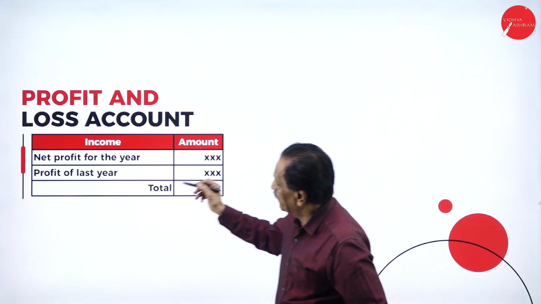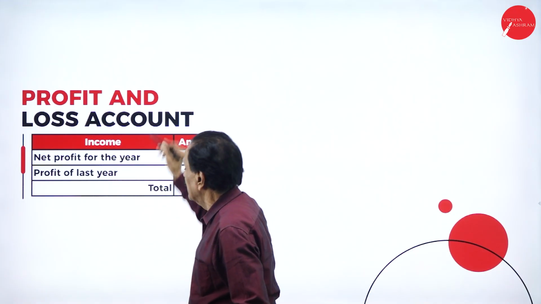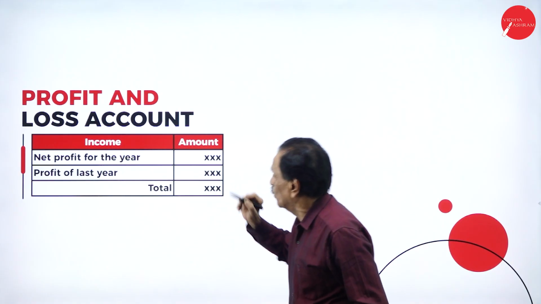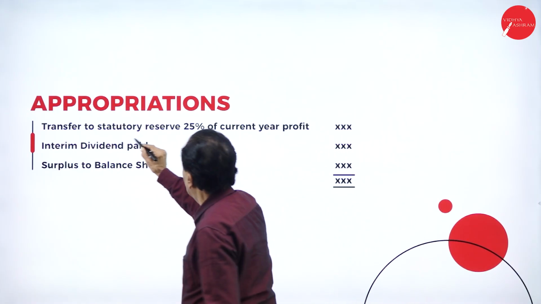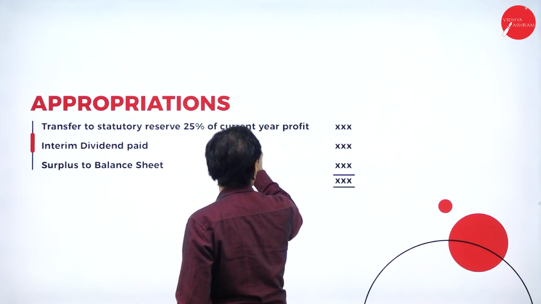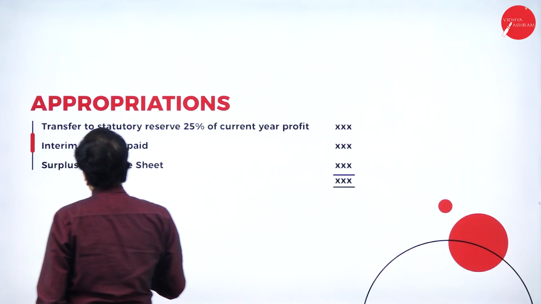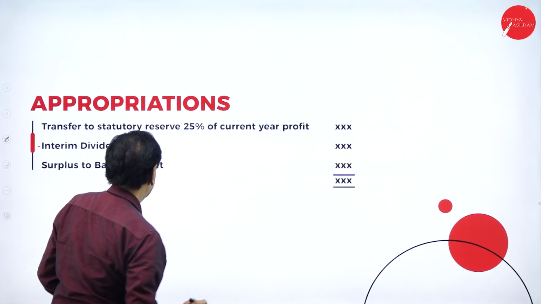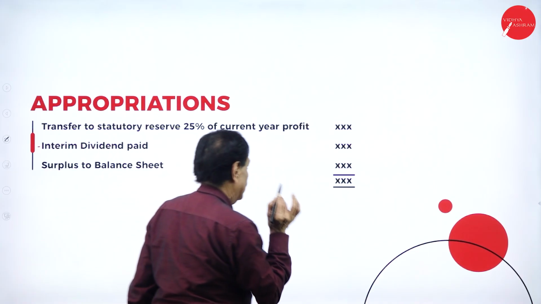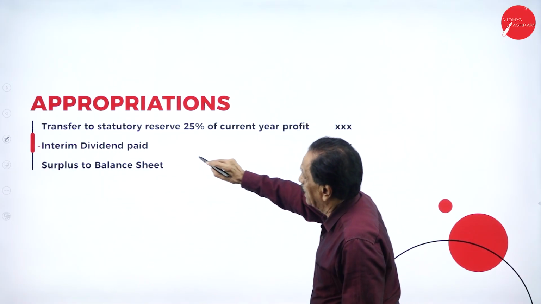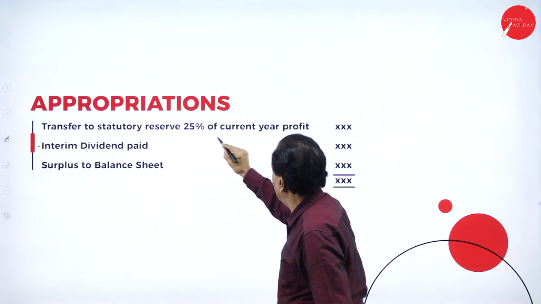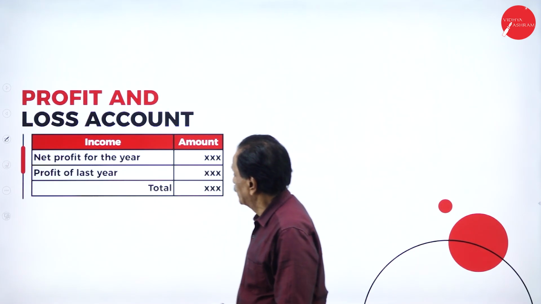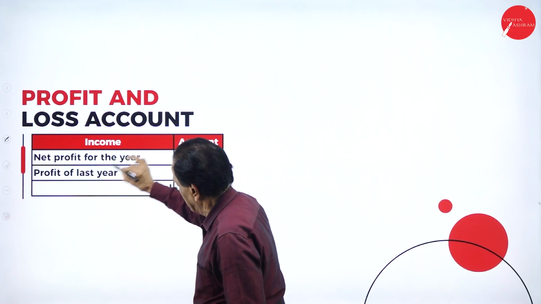Then profit and loss: net profit for the year, profit of the last year, total. Then transfer to statutory reserve, 25% of the current year profit, minus interim dividend paid.